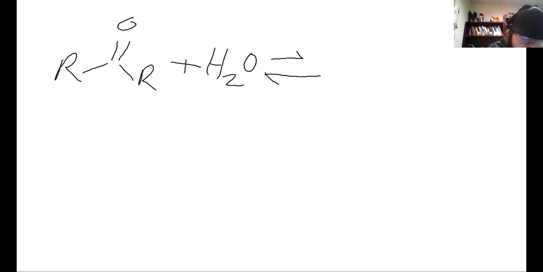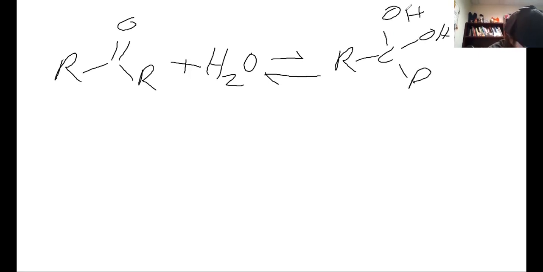There's a K expression with the hydrate on one side and the ketone and water on the other side. So the K is going to be hydrate over ketone.